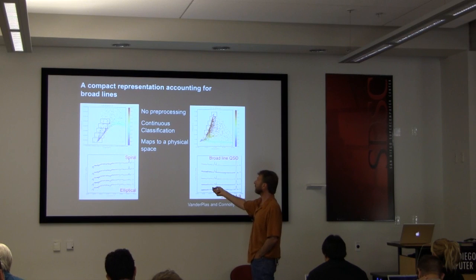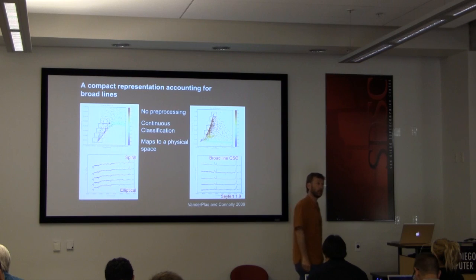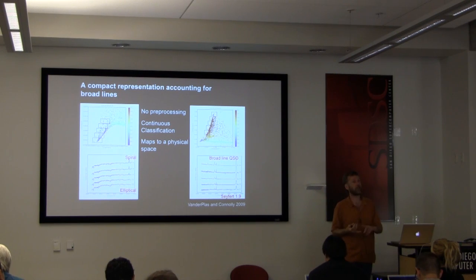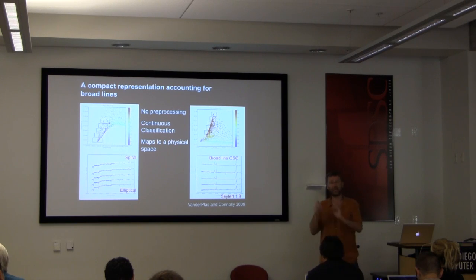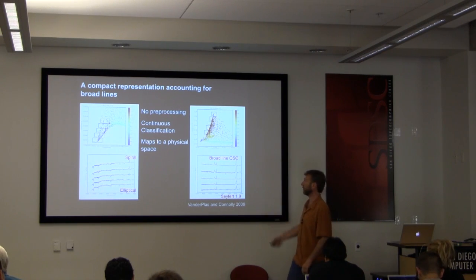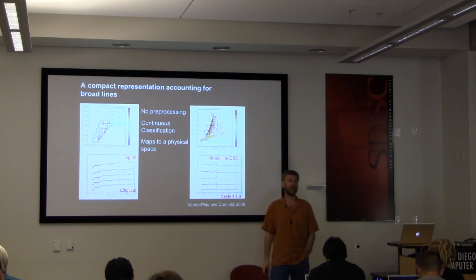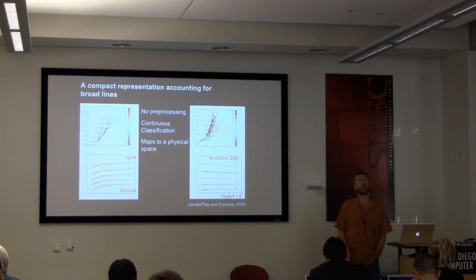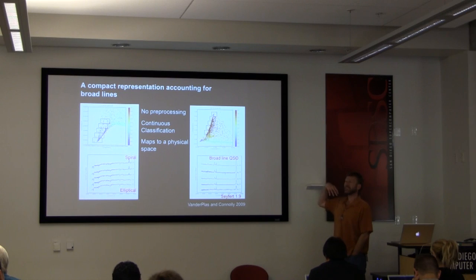One is when I'm just doing a local linear embedding on the actual spectra themselves, I'm not pre-processing, I'm not measuring line widths, I'm not measuring emission line strengths. I'm just taking the data and projecting it down onto this low-dimensional space, and I'm getting a classification straight out of it.